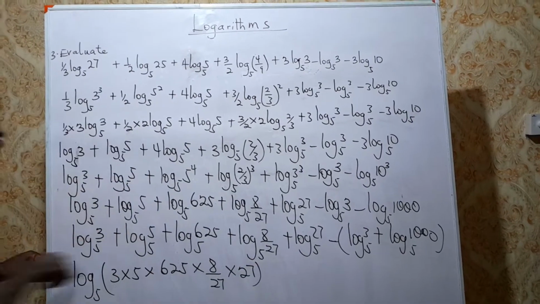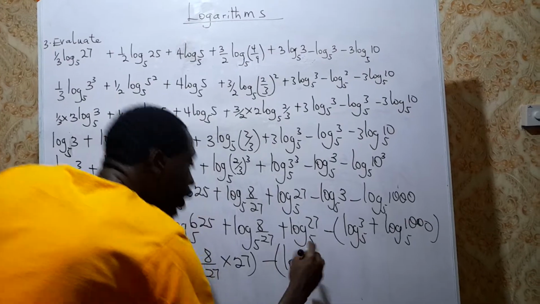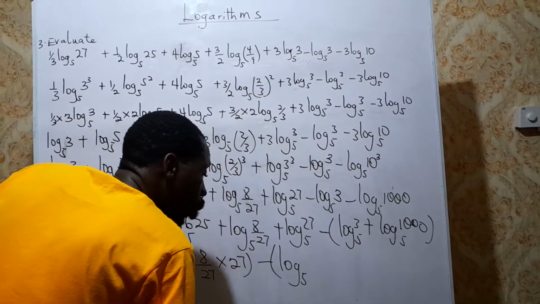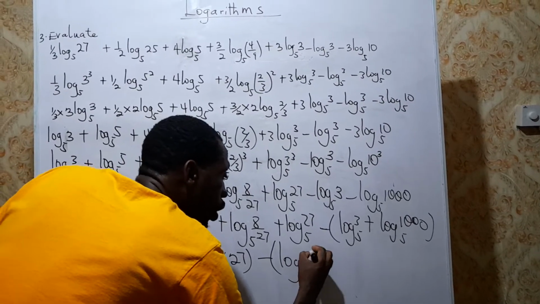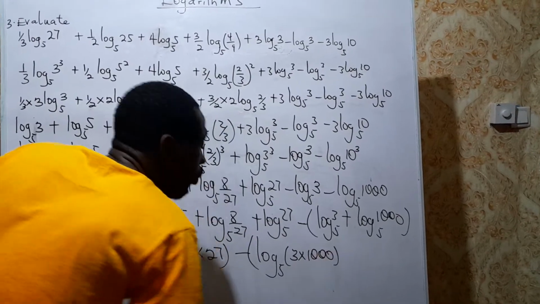Then minus bracket. Since this one too is adding, we repeat the base and multiply: log 3 times 1000 base 5.